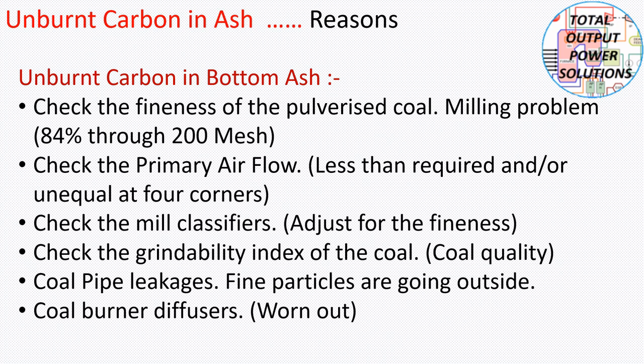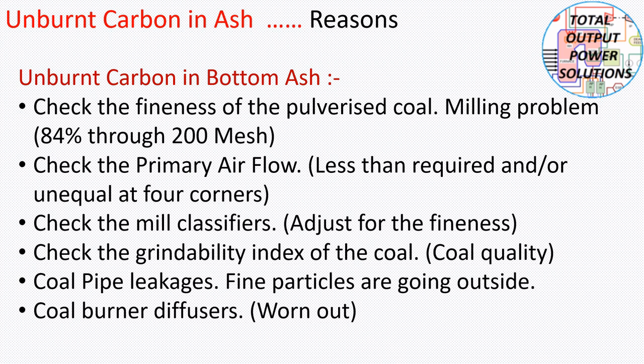The coal burner diffusers, if they are worn out, then the coal will not be spread evenly in the combustion chamber, so it may not burn properly. So there may be unburns due to this also. You will have to check all these points for more unburns in bottom ash.